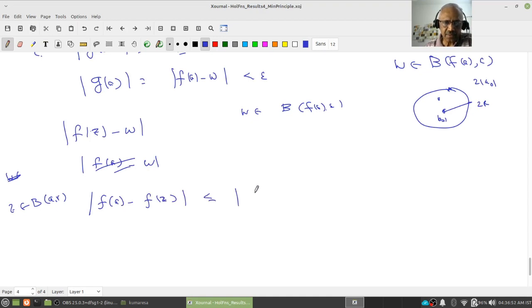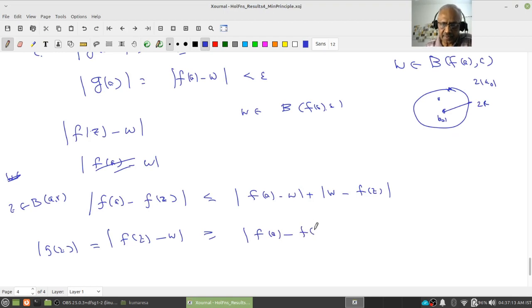This is less than or equal to f of a minus w plus w minus f of z, right? F of a minus w, therefore f of z minus w, which is mod gz, is greater than or equal to f of a minus f of z minus f of a minus w.